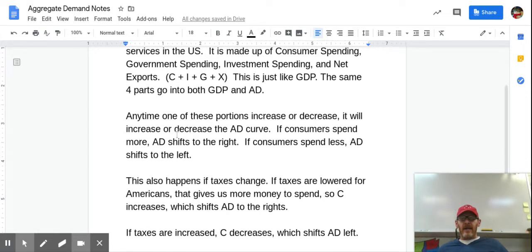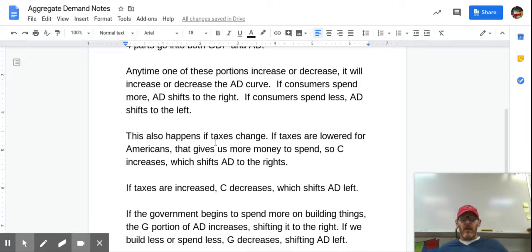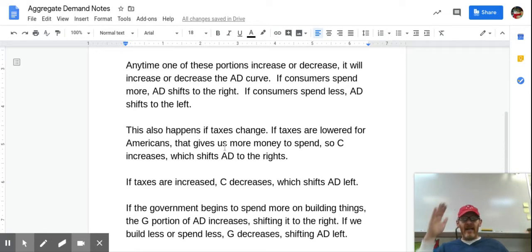If we change taxes, for example, if taxes are lowered, that gives Americans more money to spend, and so consumer spending goes up and aggregate demand goes up. If taxes are increased, then that gives America less money and our aggregate demand shifts to the left.